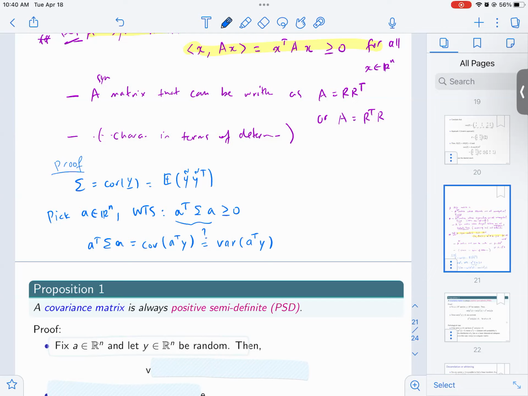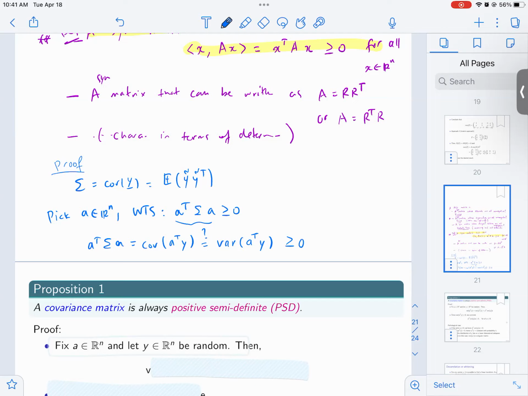Let me mention this. A is n by 1, Y is n by 1, so what is the dimension of A transpose Y? A scalar. So what is the covariance matrix of a scalar? It's just a 1 by 1 matrix, and for a 1 by 1 matrix the covariance matrix is just its variance. So we reduce this to that, and this is non-negative.